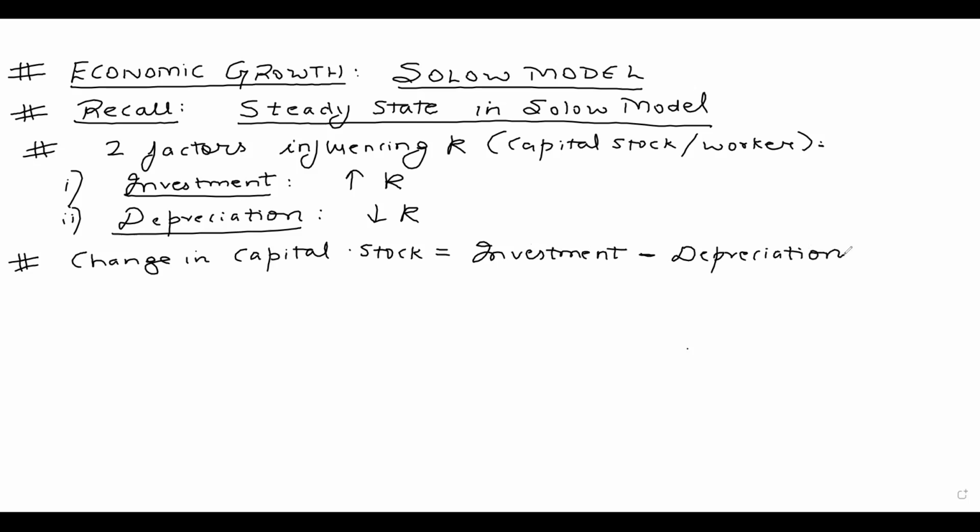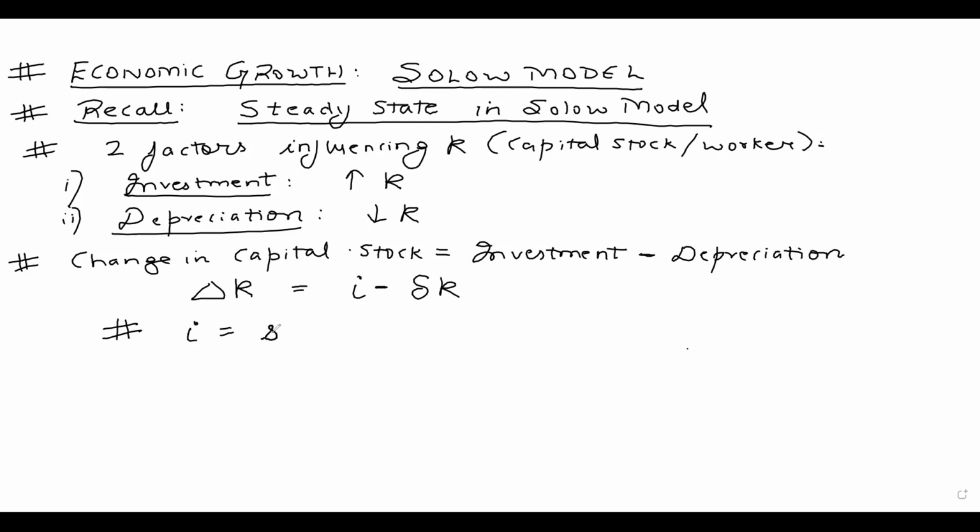So we had written the change in capital stock per worker, change in small k, is equal to investment I minus depreciation, which happens at the rate delta every year, so minus delta k. And all of you can recall, guys, investment itself was equal to savings. What is savings?